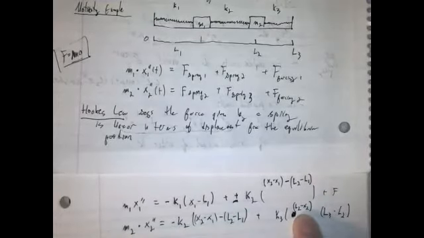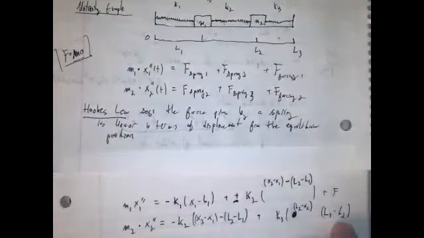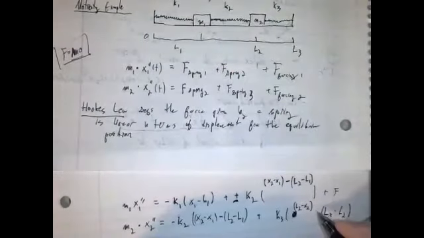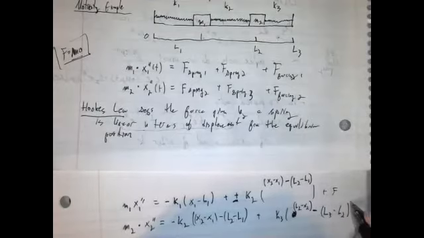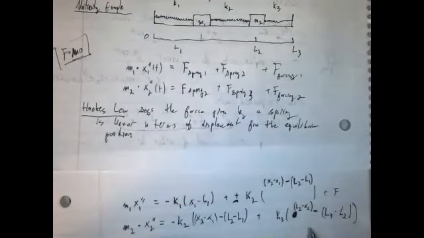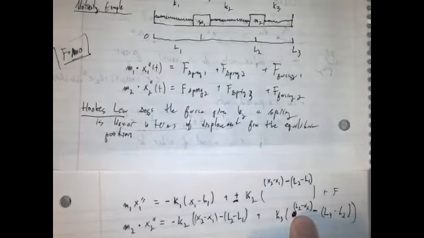Right? L2 minus X2 is this actual distance, and L3 minus L2 is the rest distance. So I want to be comparing those two distances. And then I need to figure out the constant, or what the sign is of K3.